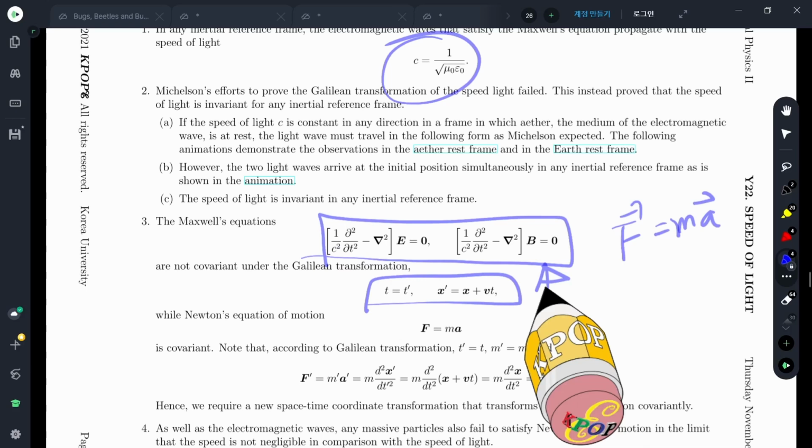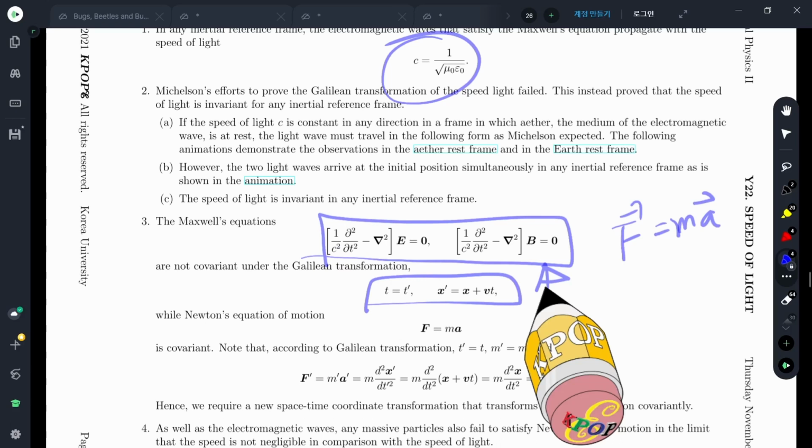Perhaps there should be an exact space-time transformation rule, not the same as the Galilean transformation, in the limit where the speed of an object is very fast. Any massive particle has its own rest frame.